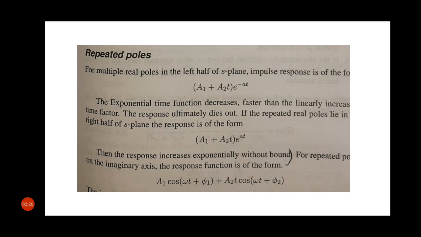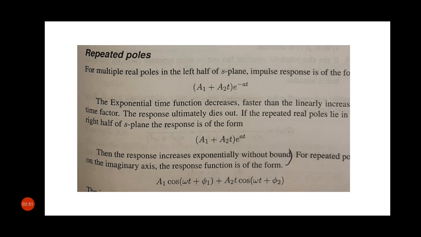If a is greater than 0, then the response term e^(at) increases without limits. Repeated poles on the jω axis also contribute a term that increases without bound as t tends to infinity.